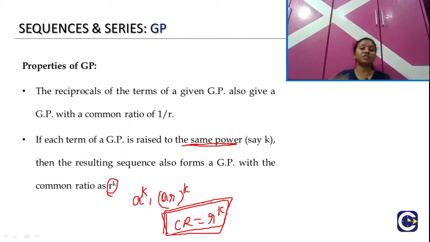Like in the previous case, if we take the reciprocals of the terms, the common ratio also becomes the reciprocal, that is 1 by r. In the same manner, if all the terms are raised to the same power k, then our common ratio will also be raised to that power, which is r power k.